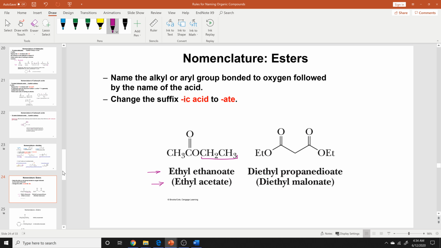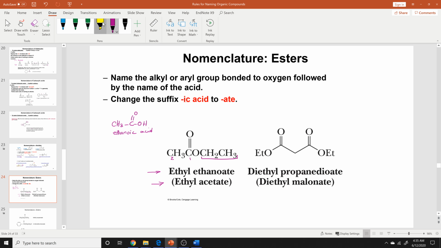And then on the other side that has the carbonyl, you start numbering from the carbonyl, and you put ATE at the end. You drop the ic acid because this is again a derivative of carboxylic acid. So you drop the ic acid and you put ATE. This is the same as if you are naming the acid derivative, and its acid derivative is ethanoic acid.